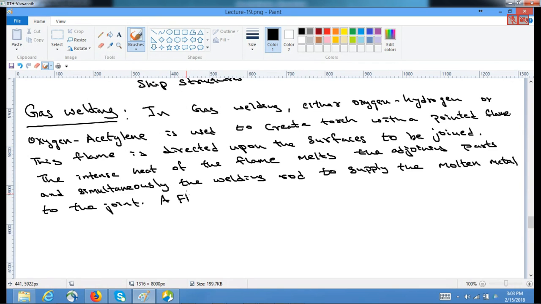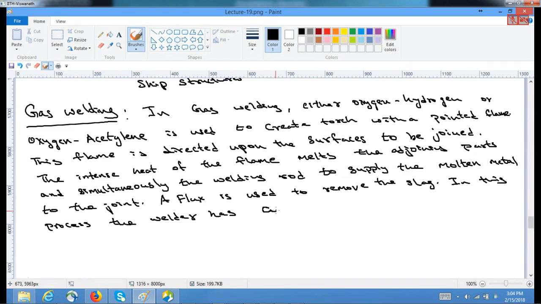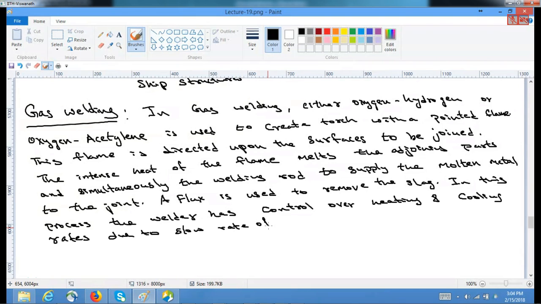Further, a flux is used to remove the slag, and in this process the welder has control over heating and cooling rates due to the slow rate of heating from the flame.